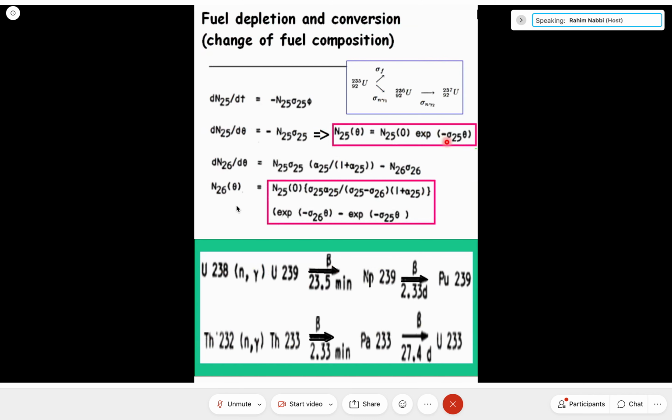But here for uranium-235, this is due to the total capture, that means by absorption and by fission. In the case of energy production, only by fission. Here, not the sum of two should be taken, only sigma F has to be taken.